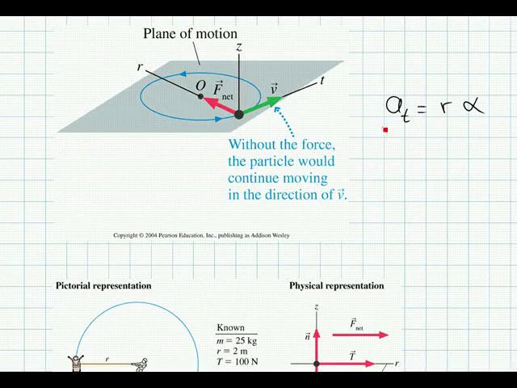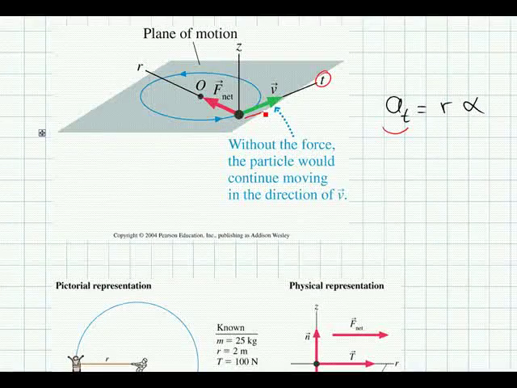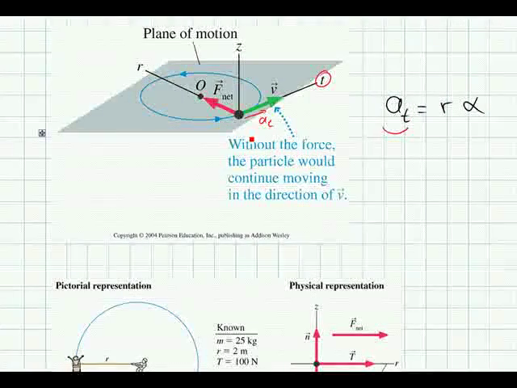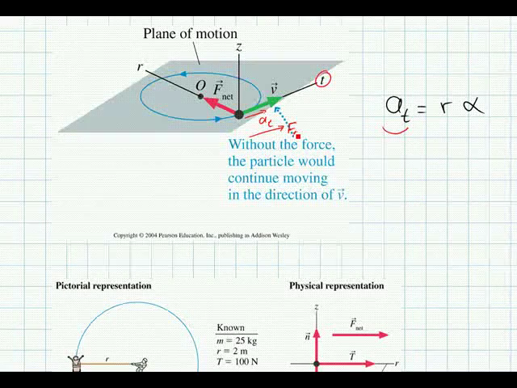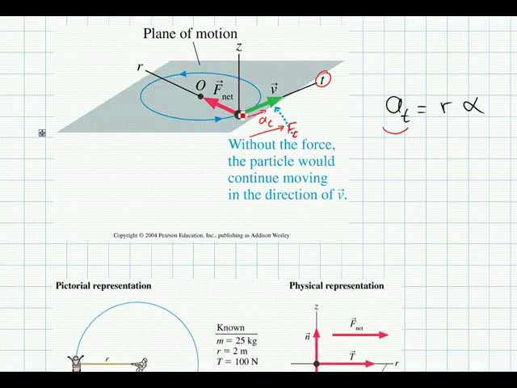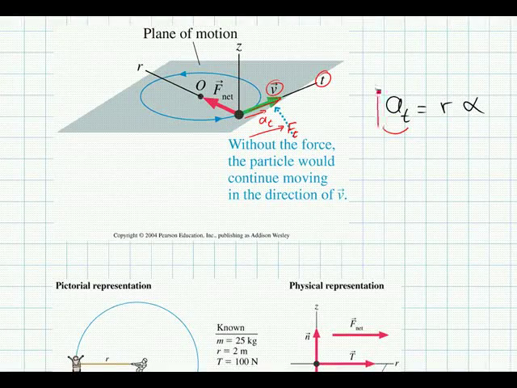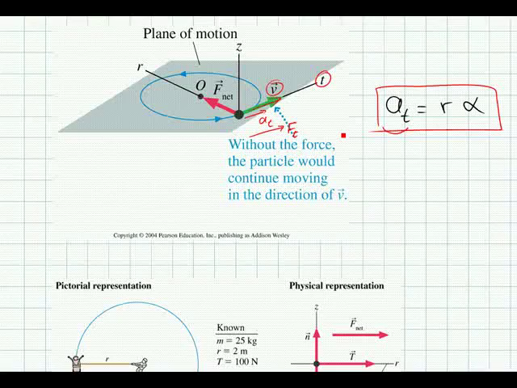This a_t that we talked about, the acceleration along the tangential axis t, means that there is a net force F acting in the tangential direction. That's why it changes the magnitude of v, the speed of the object. Once again, take it from me for the time being, and we'll prove it rigorously in chapter 13. a_t is given as r alpha.